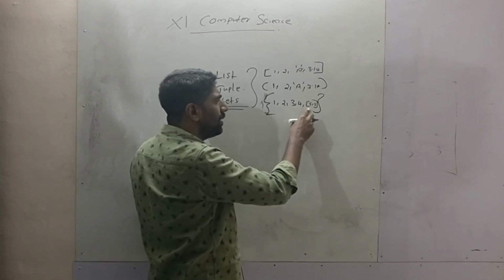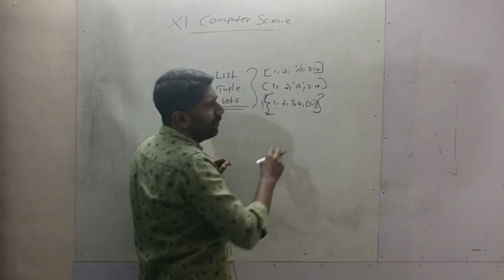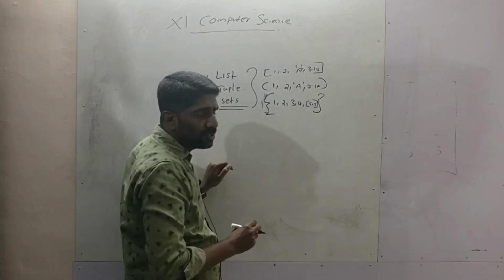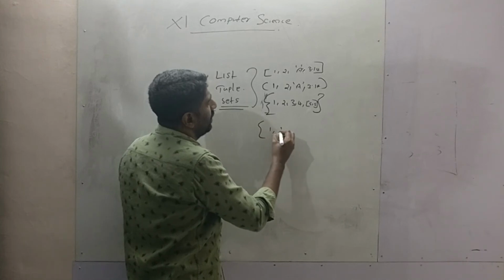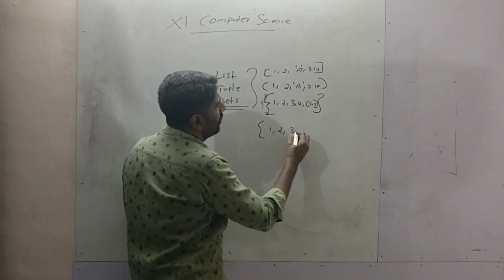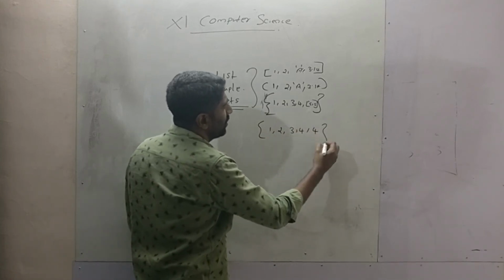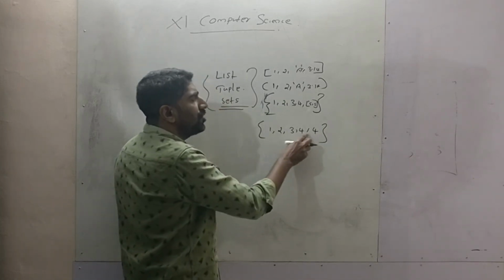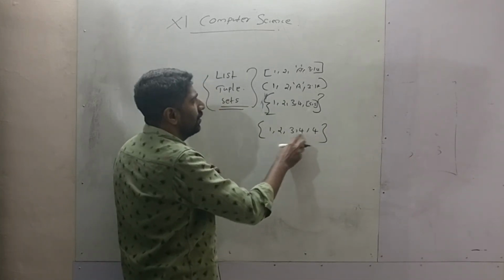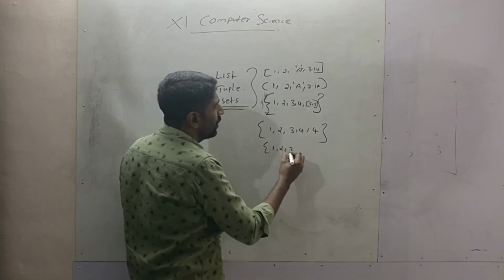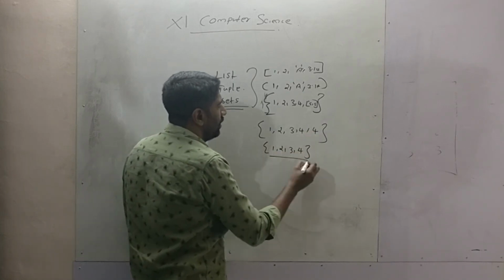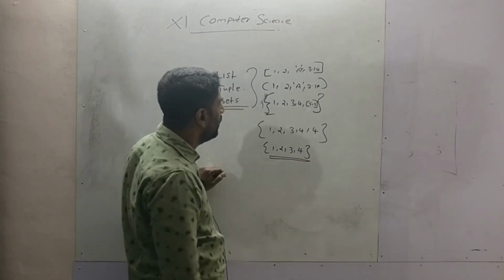If you write a mutable element in a set, it leads to an error. Then next, suppose you write the element 4 two times, or 3 two times, the repetition is not allowed in a set. It is treated as only one element, 1, 2, 3, 4. Only this can be taken inside a set.